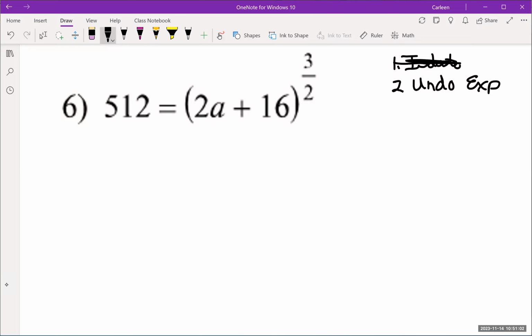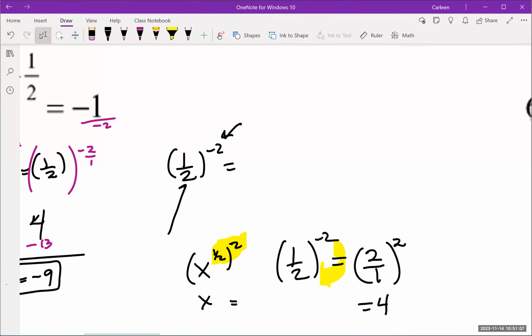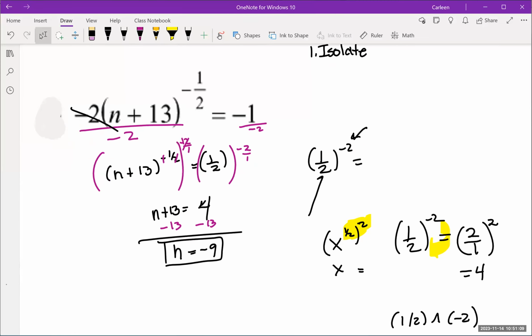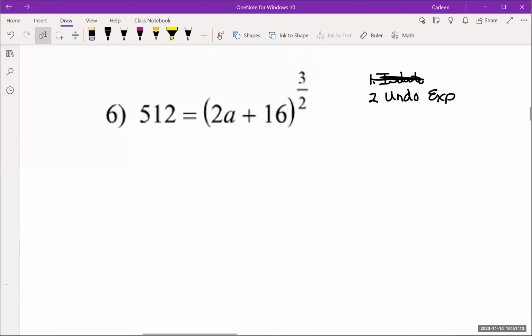Okay, there's nothing to isolate. Number 5, we could divide by that -2 because it was outside the parentheses. Okay, so we're going to raise both sides to what exponent?